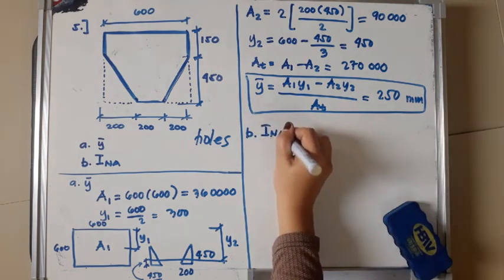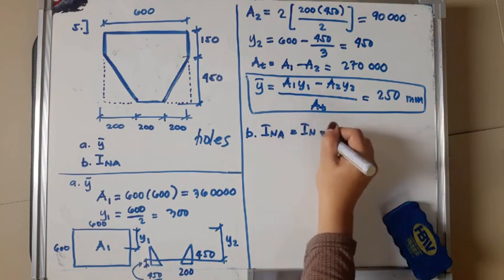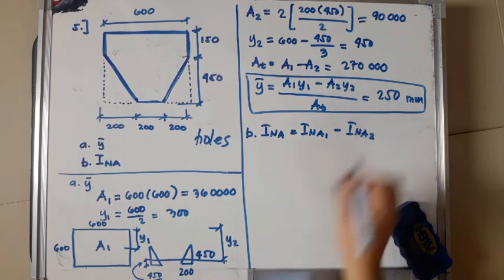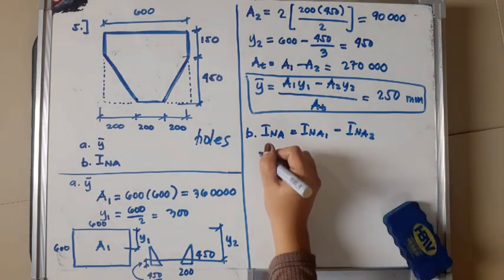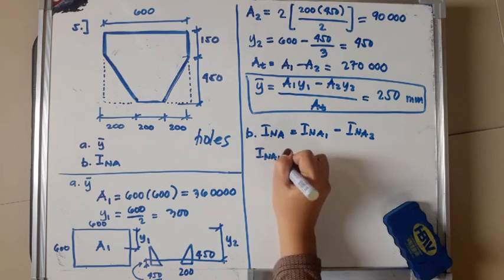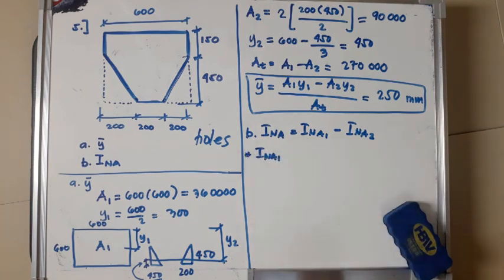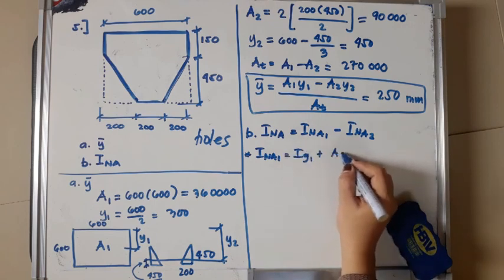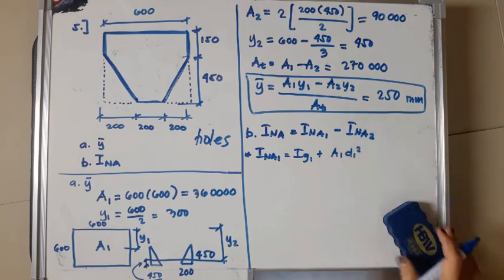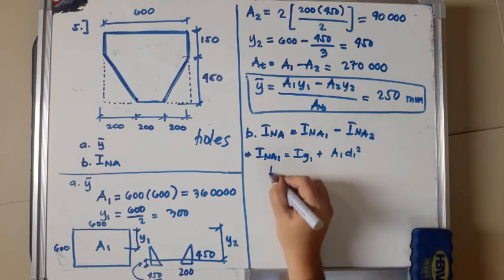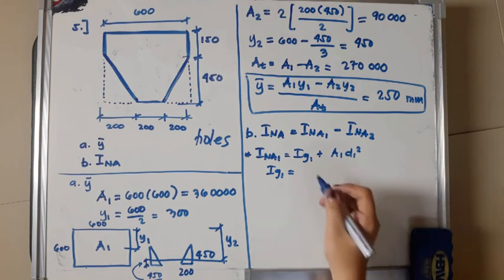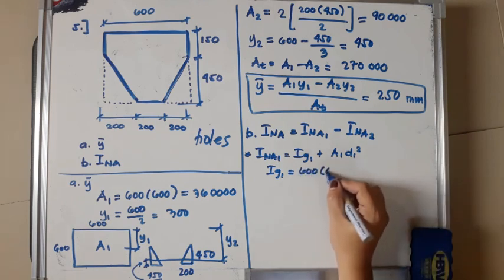So I of A is equal to I of A1 minus I of A2. So for I of A1, we're going to use the transfer formula. So this is Ig1 plus A1 D1 squared. Ig1, since this is a rectangle, is BH cubed over 12, in which B is 600, H is 600 also.